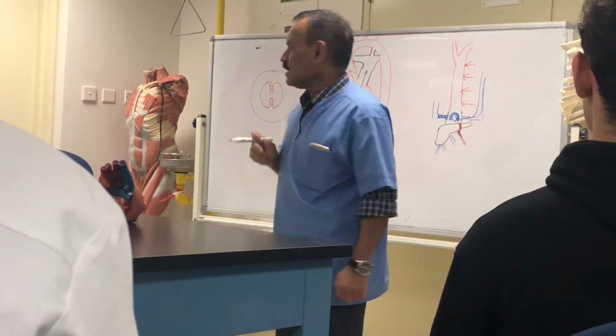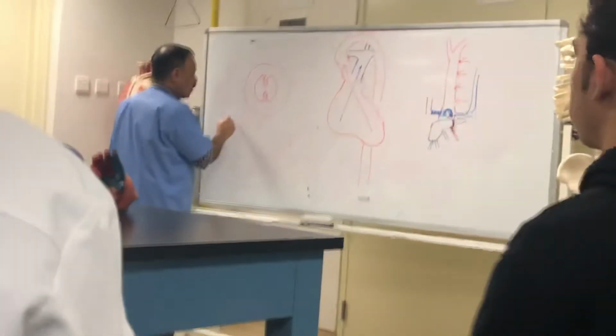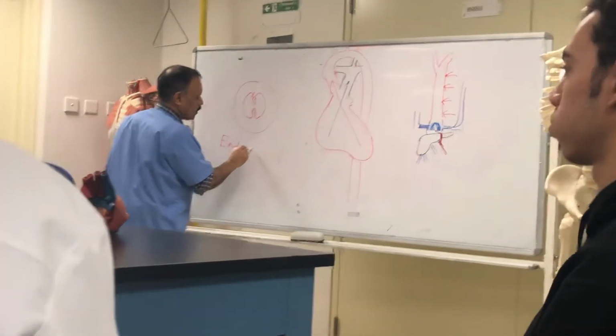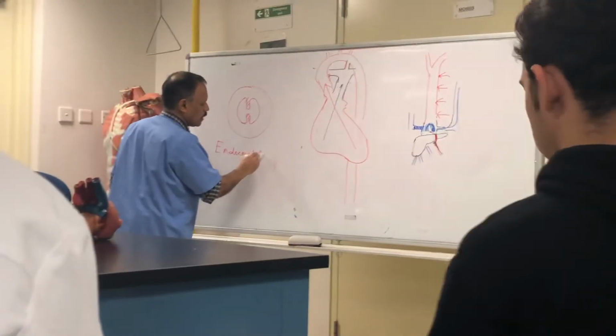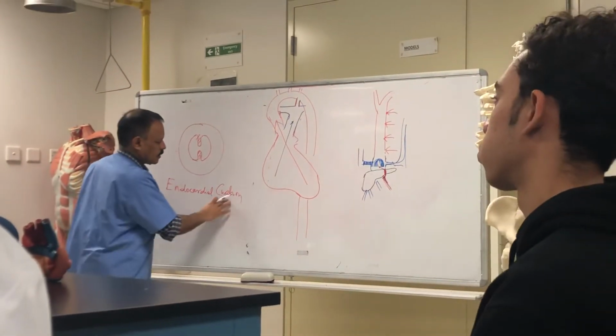And that's the reason the valves on the septum are coming from this area, which is called endocardial cushion.